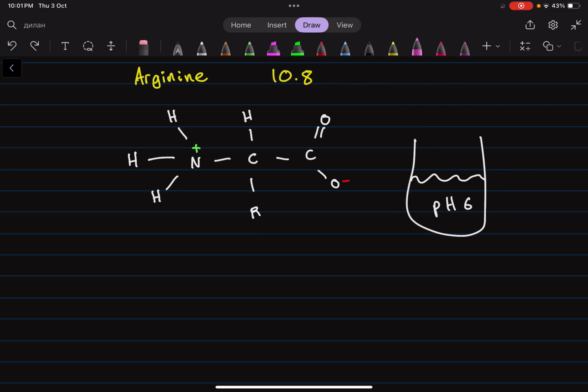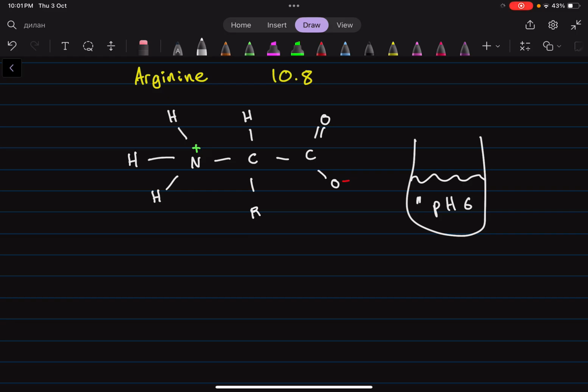So if you're a Zwitterion that likes a pH of 10.8 and you're put into a pH of 6, you're going to try and make that solution more basic. You're going to try and get it up to this basic 10.8. To make a solution more basic, you take H plus out of the solution. So it is going to take up H plus.